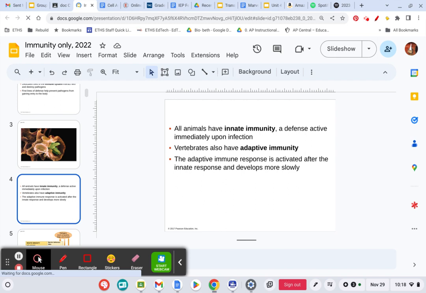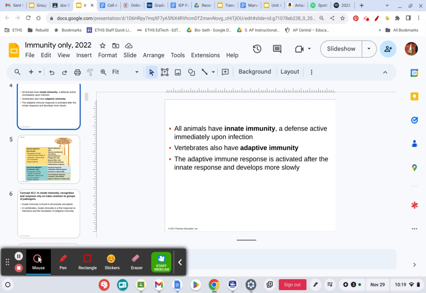Okay, so there are different kinds of immunities. There's some that you're born with, and those are innate immunities, so they're there right upon birth. And then there is what we call adaptive immunity. We're going to go through both adaptive and innate immunity in this unit.